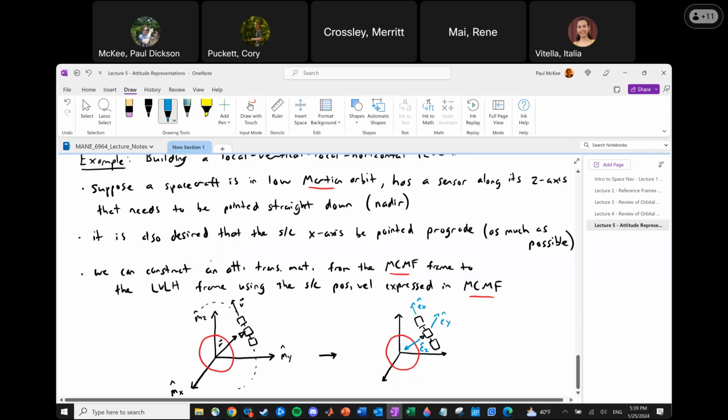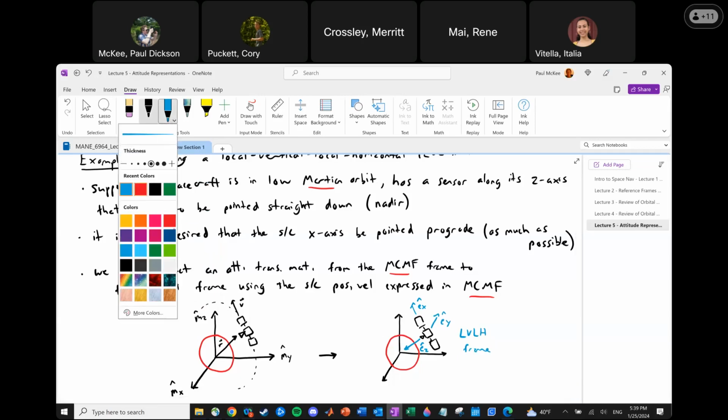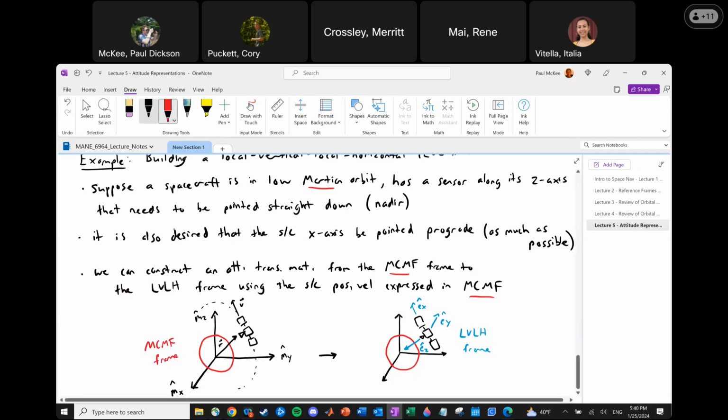All right, and so we'll call this the LVLH frame. And then we'll go back to red for a second. And this is the MCMF frame. So we're actually going to build an attitude transformation matrix from one to the other. We're going to do it one vector at a time.